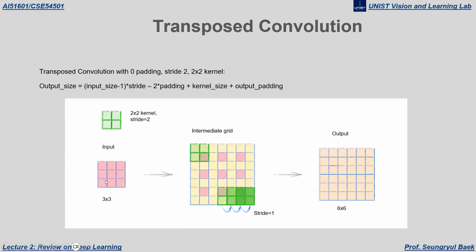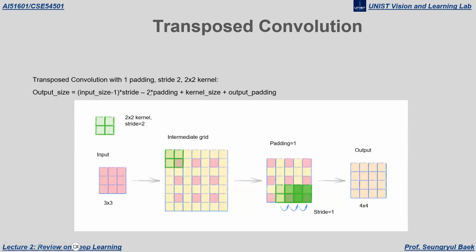So let's say the input image is 3 by 3 dimension, but your output becomes doubled when the stride is 2 in transposed convolution operation. And also, by default, you will do zero pad, but if you set the padding hyperparameter as 1, then actually you will lose the dimension.